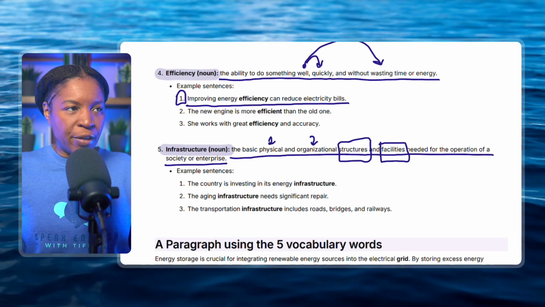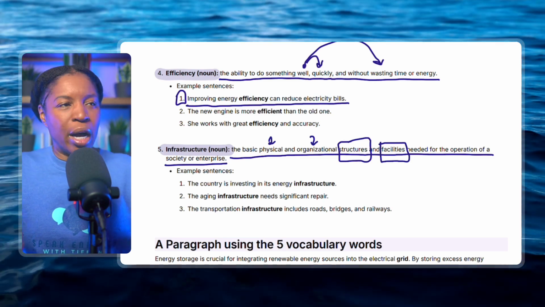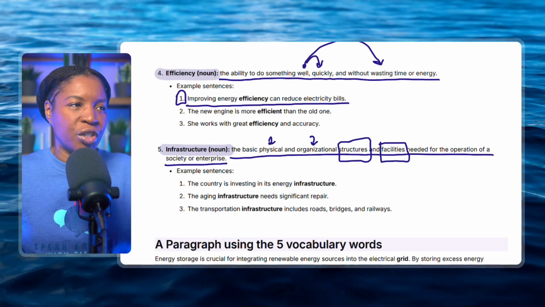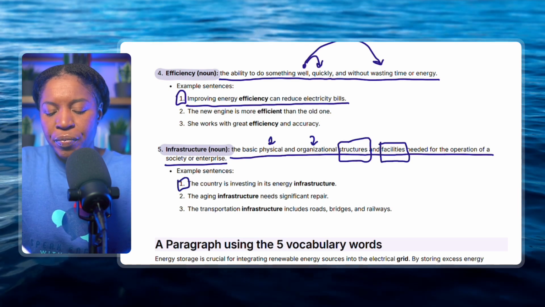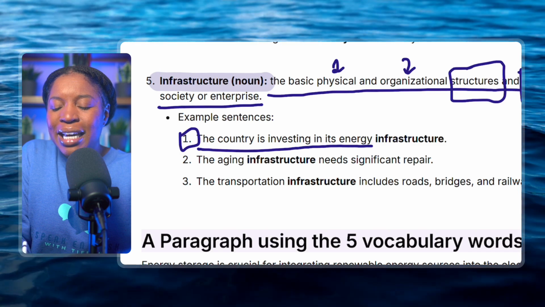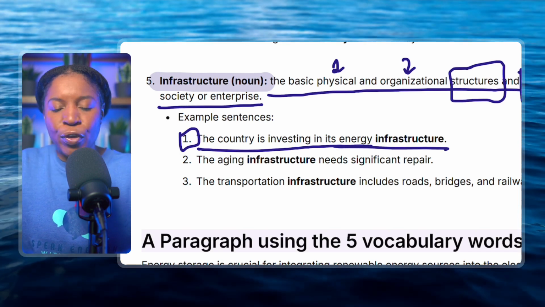This infrastructure that will help things run well. So I want to check out the first example sentence because it will help you understand this term. Here we go. The country is investing in its energy infrastructure. Again, the country wants to use energy more efficiently, so it's going to set up an infrastructure for using the energy in a good way.